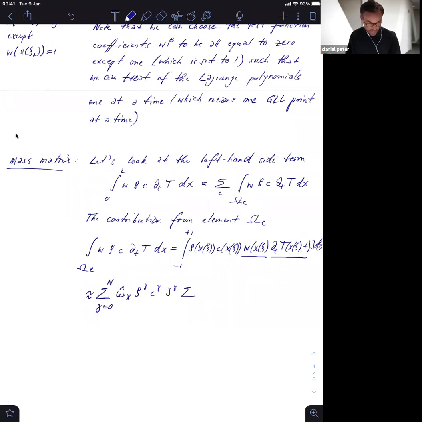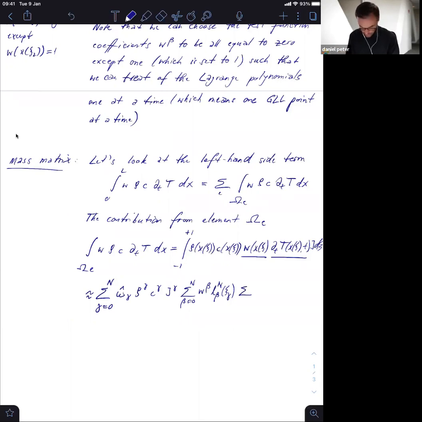And now comes our function expansion for W. So here we have the sum over beta from 0 to n. Then we have W beta times our Lagrange polynomials, which will be evaluated at the GLL point gamma, which is psi gamma location.